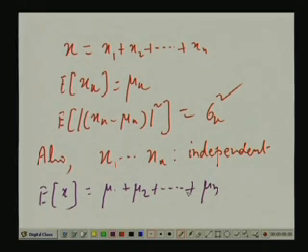Okay. And how about the variance? Calling the mean mu_x, how about E of mod x minus mu_x squared?